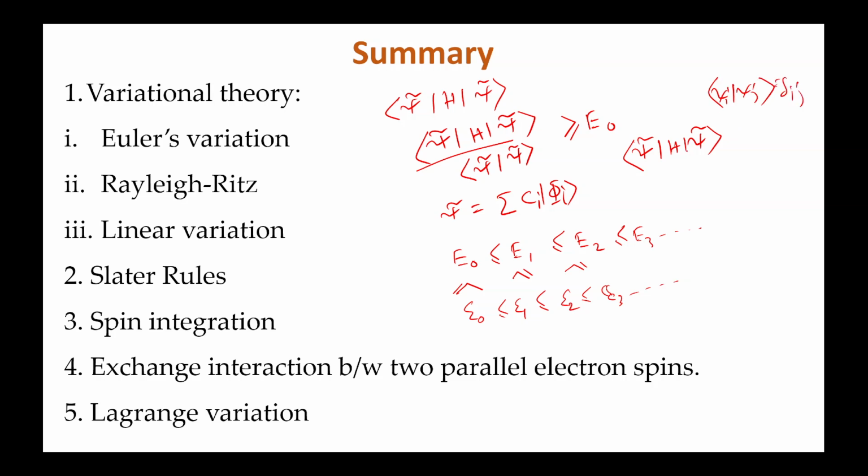So now you have to variationally optimize this psi bar, and for that you actually need the Slater rule. There the Slater rules were discussed for this kind of system, psi h psi, just the expectation value.